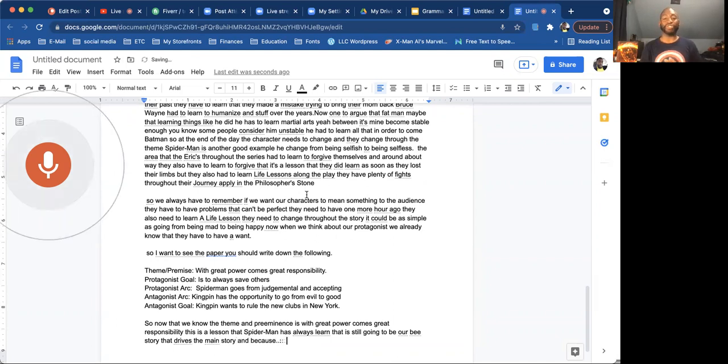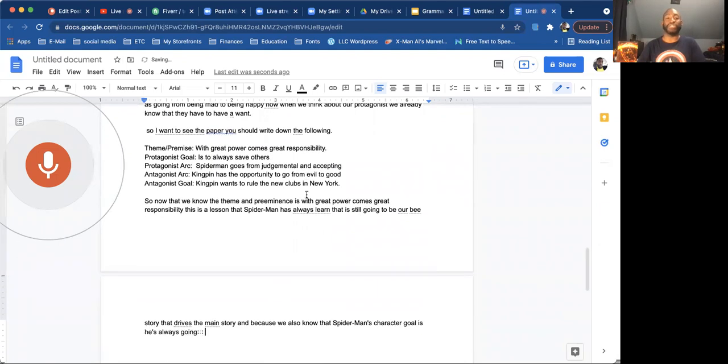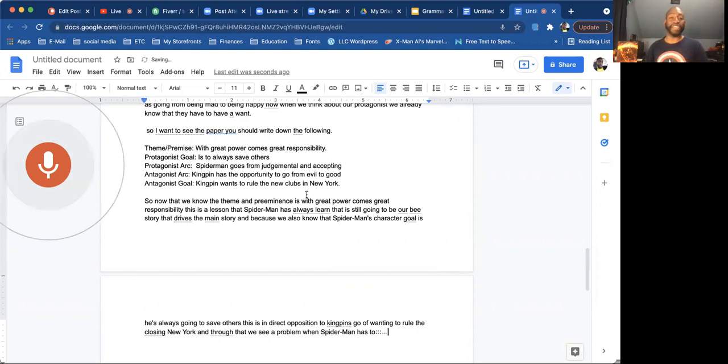And because we also know that Spider-Man's character goal is he's always going to save others, which is in direct opposition to Kingpin's goal of wanting to rule the clubs in New York, through that, we see a problem when Spider-Man has to save the Kingpin.